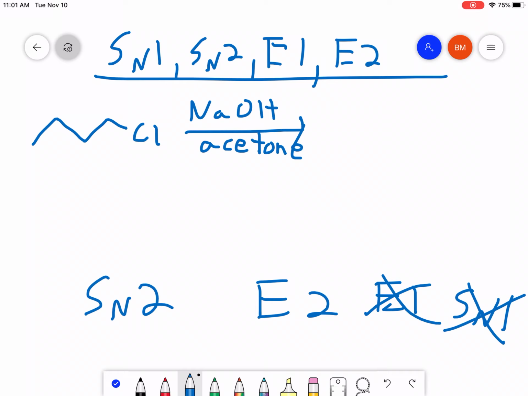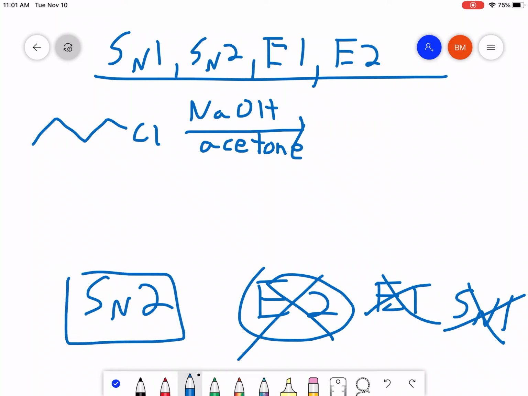So that means even though this one made that first round of cuts, you're only going to get an SN2 reaction. And that means your product is going to be a substitution product. Nice and clean, right?